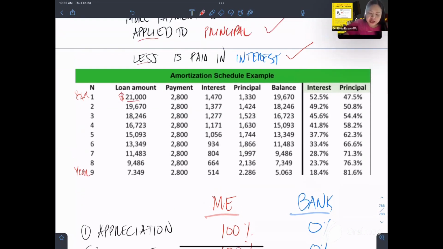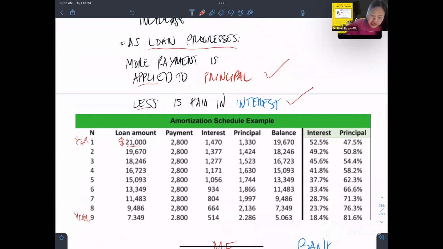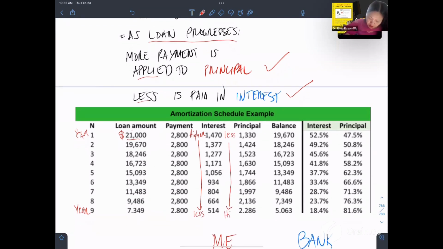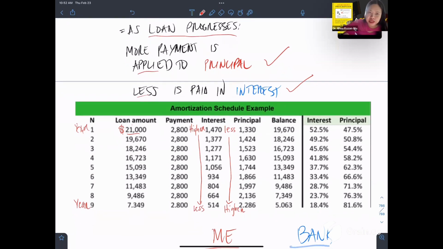So just like what this says, in the beginning you'll pay higher interest, and the interest goes down. It gets less over time. The principal in the beginning is less, and over the years, you pay more on the principal. So there is an inverse relation.